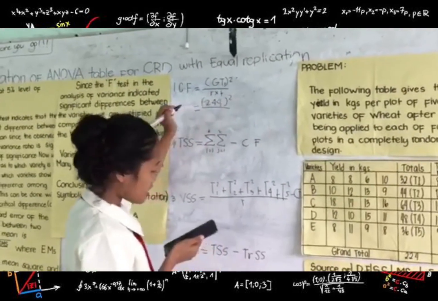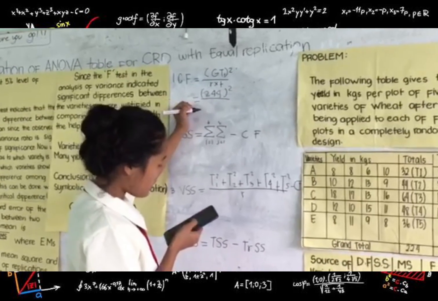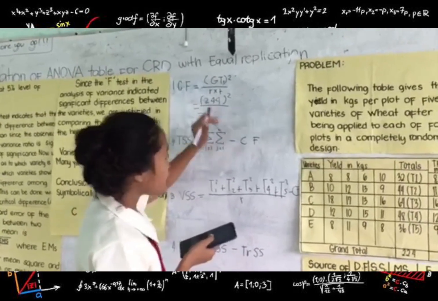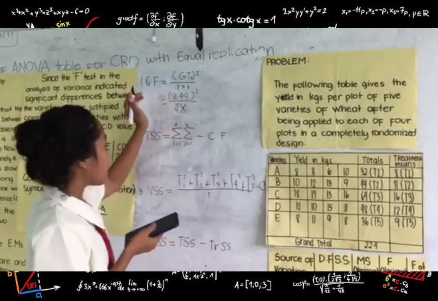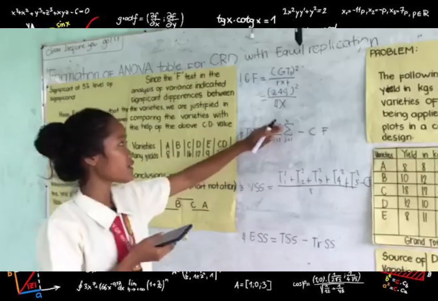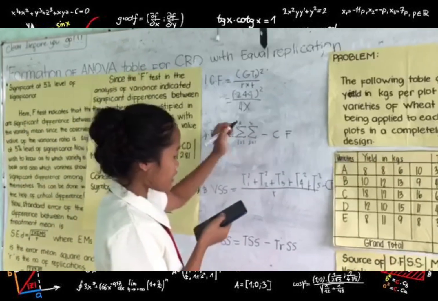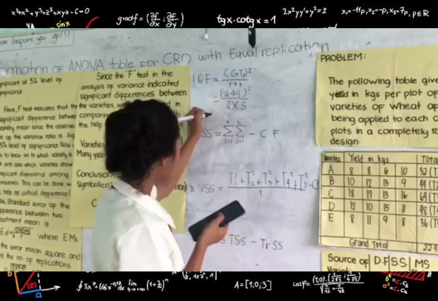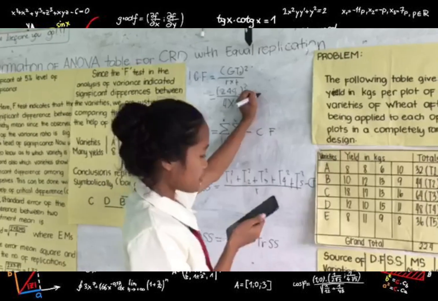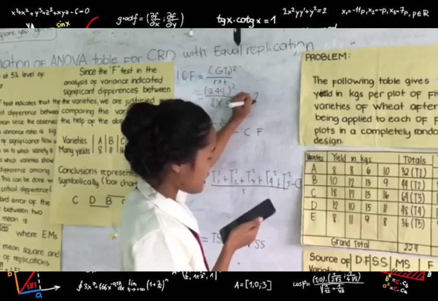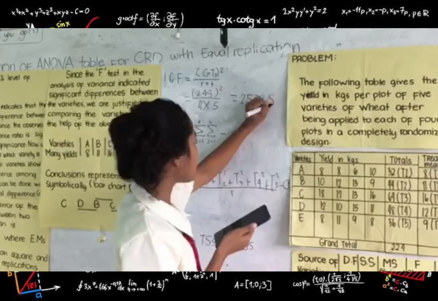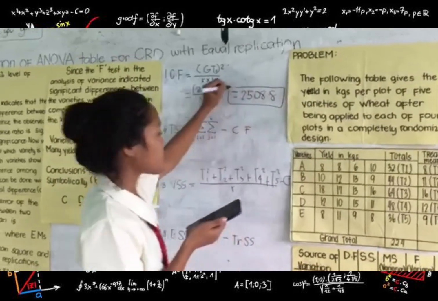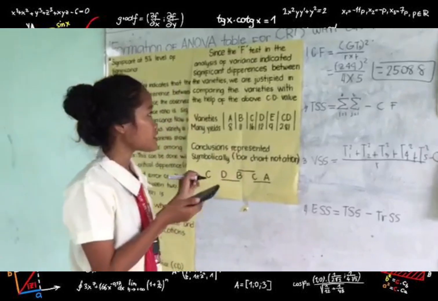Then we square it and divide by R, which is 4, times 5, since we have 5 treatments. So our total will be 2,508.8. This is our correction factor.